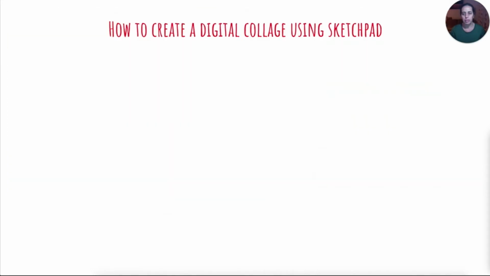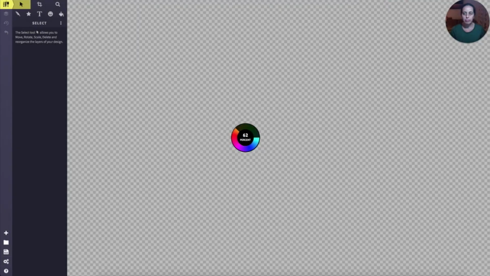All right. How do we create a digital collage using Sketchpad? So the first thing that we do is that we'll go to the Sketchpad website. And if you click on the link under the video, you will get it. So here we are.